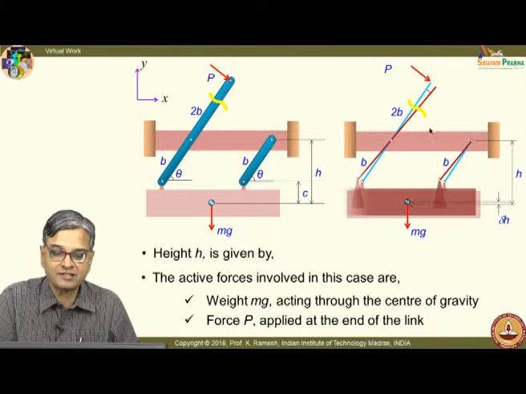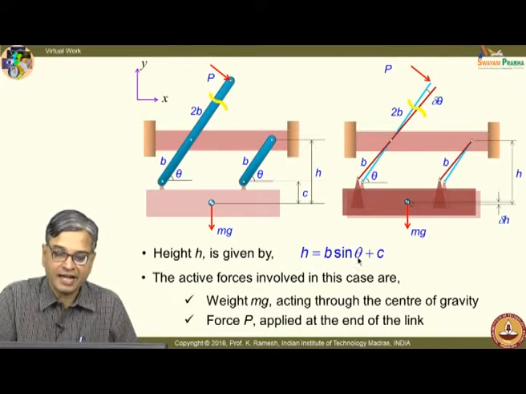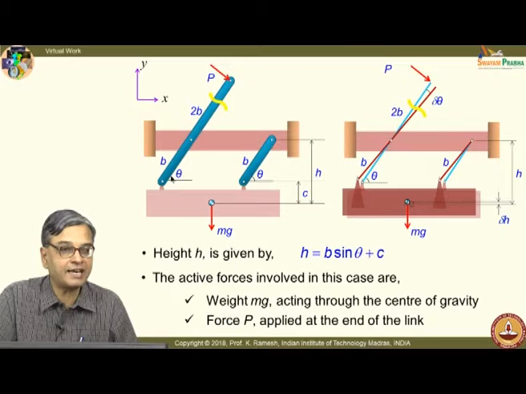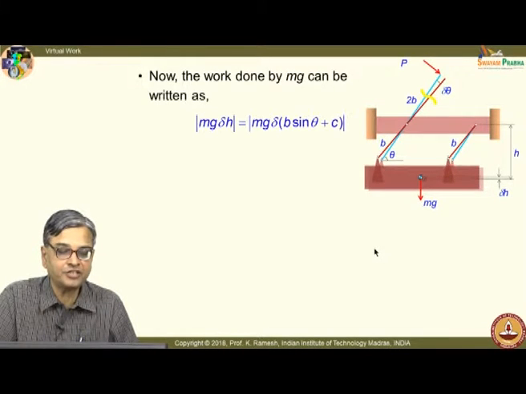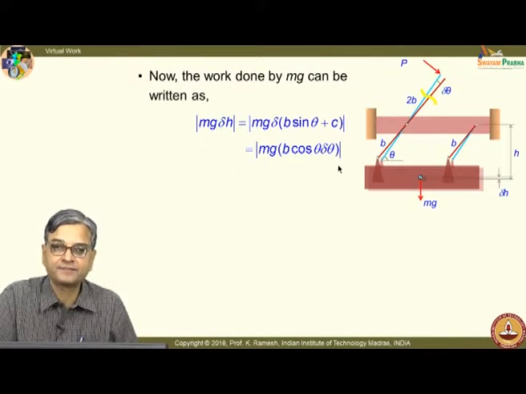So, I have this displaced, I retain the same independent variable indicated in the problem, I get an expression for h, find out what is the incremental change. Do not assign a sign here, look at only the quantity.